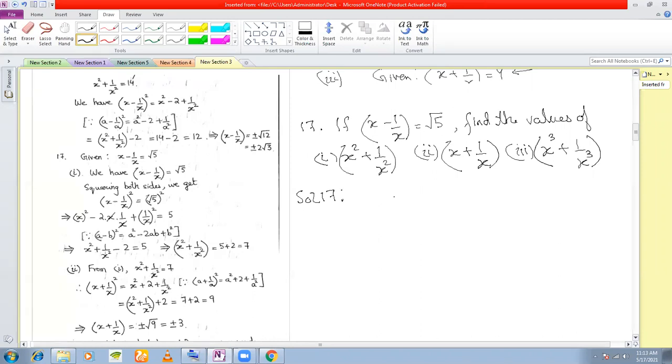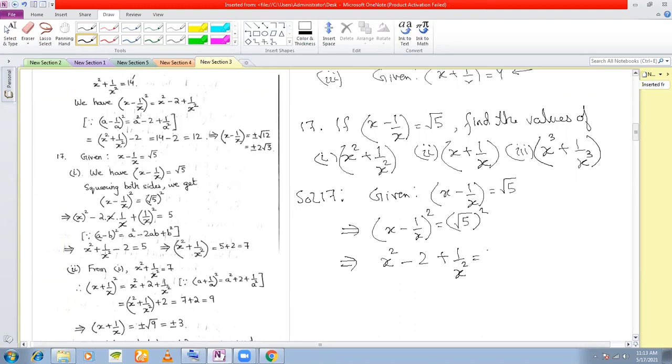Okay, so given here is x minus 1 by x as root 5. You want to move from power 1 to power 2. So what we do is we square both sides. We have x square minus 2 plus 1 by x square. Root 5 square is 5.